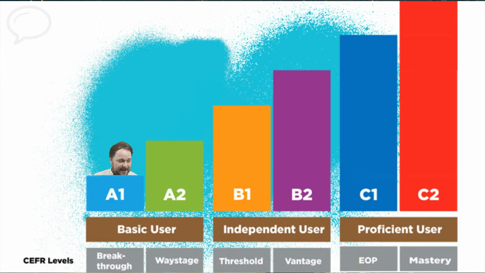We have A, B, and C. Essentially, A's are the beginners, B's are the intermediates, and C's are the advanced. And within each one, you have 1 and 2, 1 being lower, 2 being upper. So we have A1, lower beginner, B1, lower intermediate, C1, lower advanced, if that makes sense.